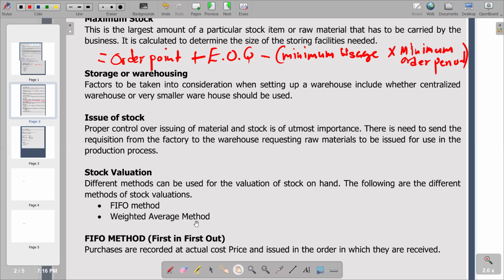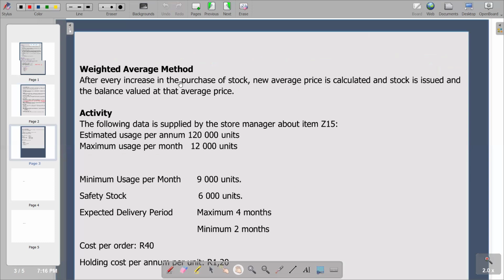We also have the weighted average method. After every increase in the purchase of stock, a new average price is calculated, and stock is issued and the balance valued at the average price. Whenever we receive stock, that's when we calculate the new average.